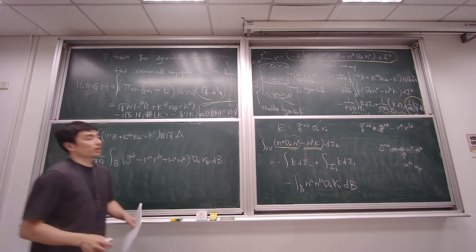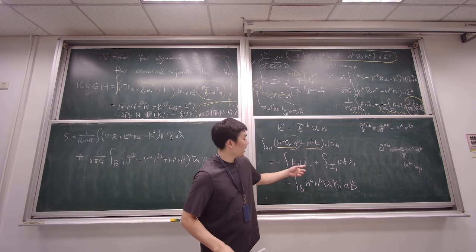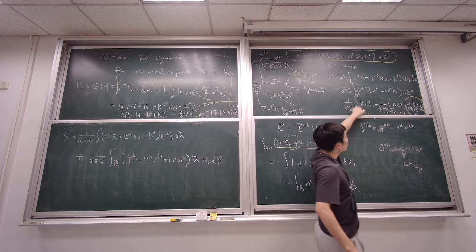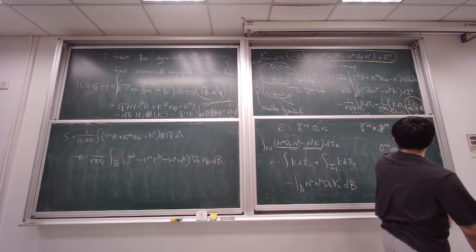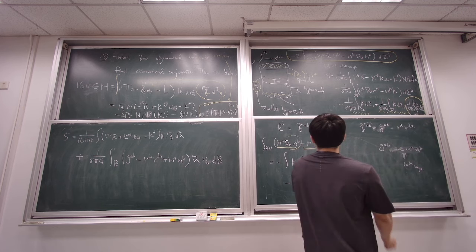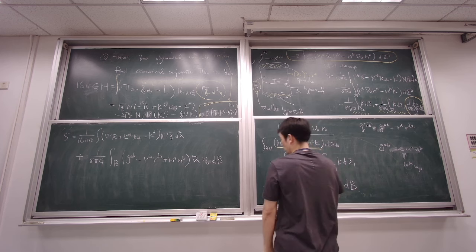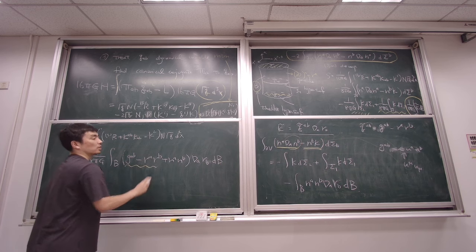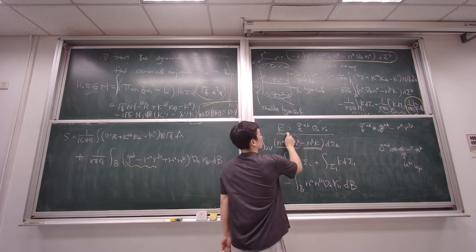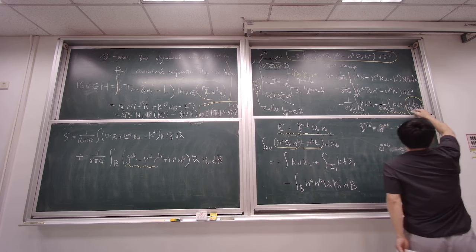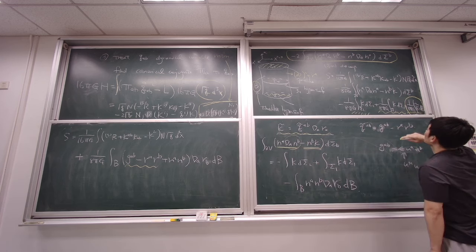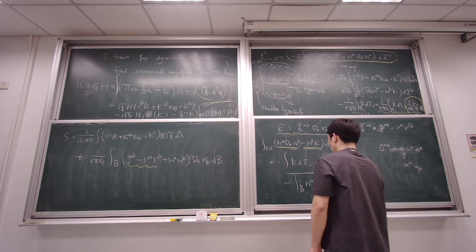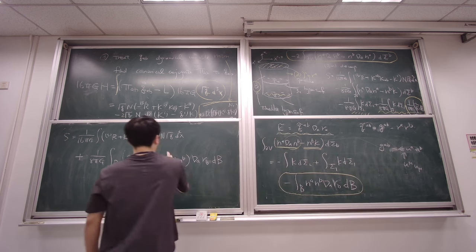So here we have the cancellation of the second term with the third and fourth terms, and the last one is given in this way. Therefore, this part is really coming from this one or this one, and this one will give you this one.